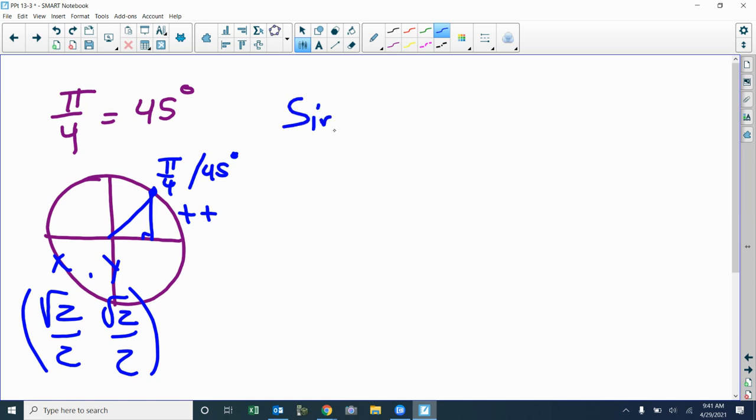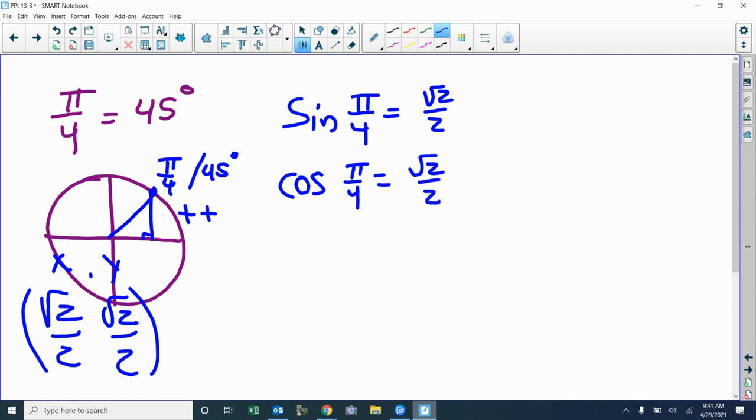So my sine of pi over 4 is equal to my y value, which is what? Square root of 2 over 2. That's it. What's my cosine of pi over 4? Square root of 2 over 2. That's my x. How are we doing? We hanging in there?